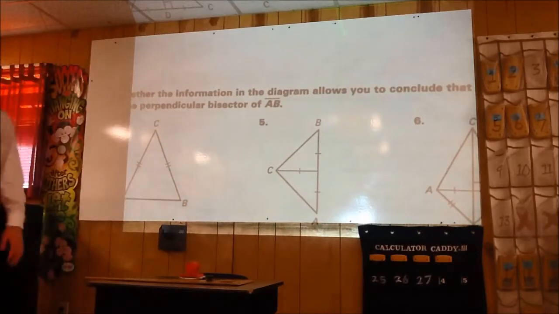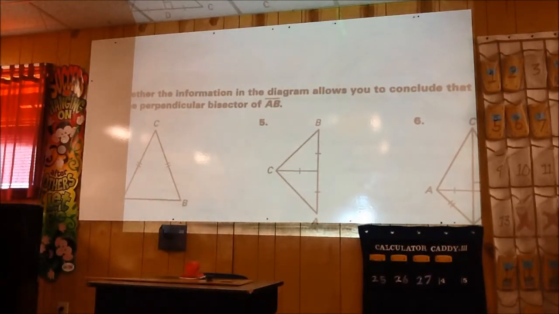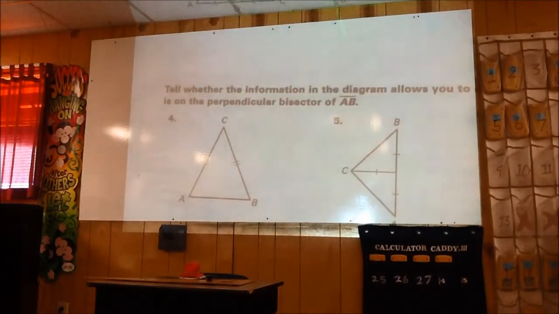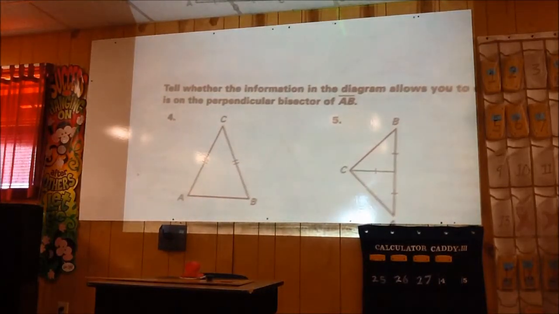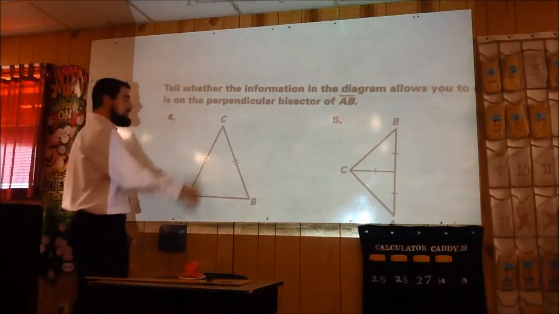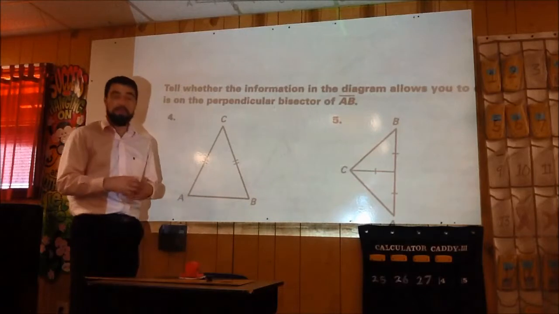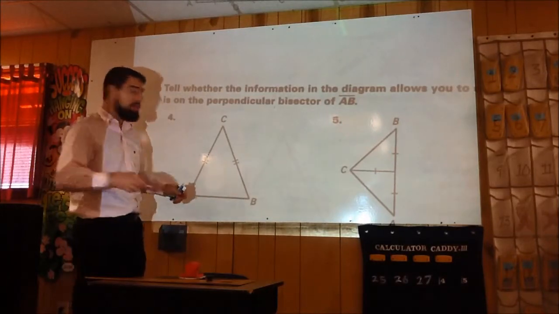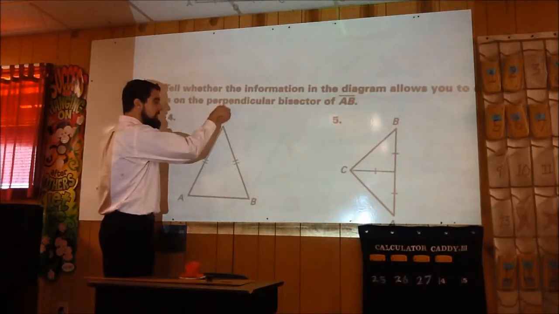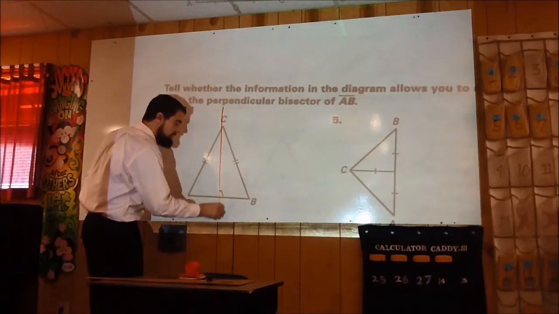So, looking at number 4, is point C equidistant from the two endpoints of the segment? Yes. So is point C on the perpendicular bisector? Yes. It's a little weird because our perpendicular bisector isn't drawn, but that doesn't matter. It should be right about here.